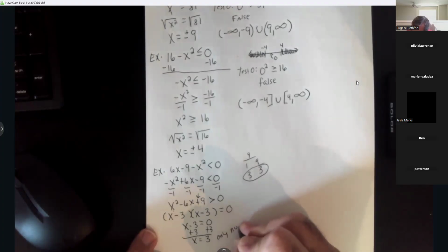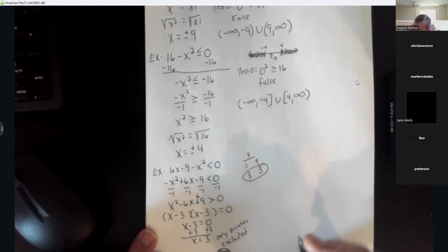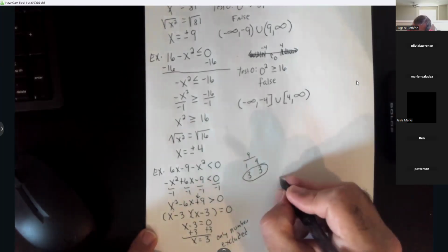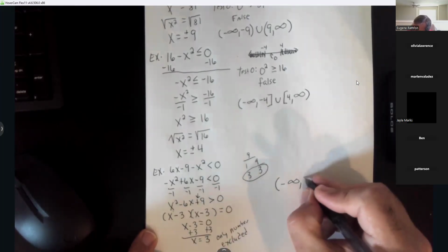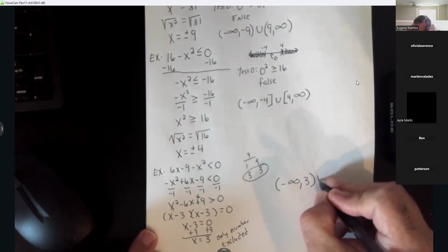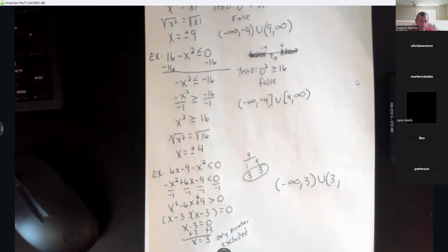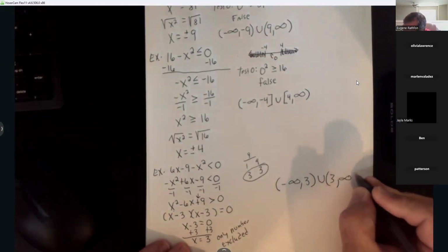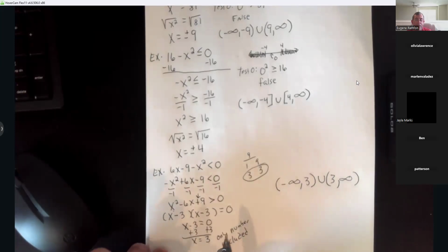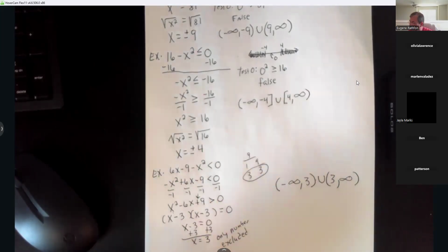So since that's the only number excluded, your domain would go from negative infinity up to 3. You're kicking out 3, so you're going to union around that 3 until you hit positive infinity. So on number 6, with a repeating factor, only kick out that one number from your domain.